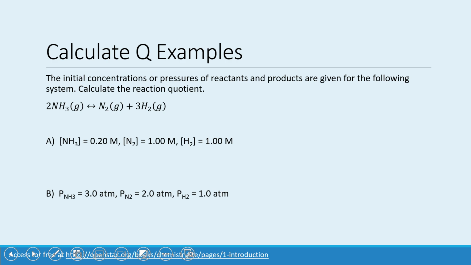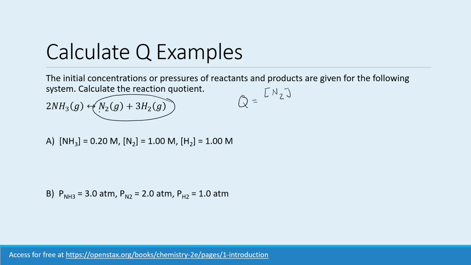So let's look at some initial concentrations or pressures and calculate that reaction quotient Q. So in this first example, we have the molar concentrations for our reactants and our products. So the first thing that we want to do is set up that equation for Q. And remember, it's going to be our products over reactants, and it's going to be in concentration values.